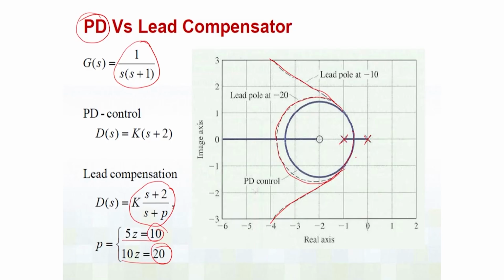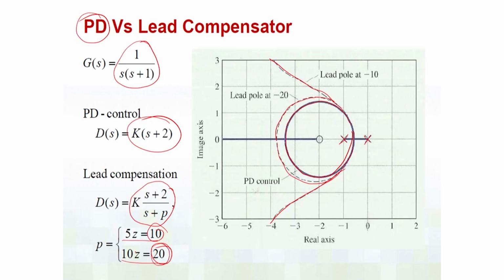Now, if you compare this with a PD controller, which is simply k times s plus 2, there is nothing in the denominator. You would see a PD compensator will give you a perfect circle. So, in comparison to the PD compensator, the lead compensation is a slightly distorted form of the circle, but you can control that by having a pole which is farther and farther away, because this is with 10 z.